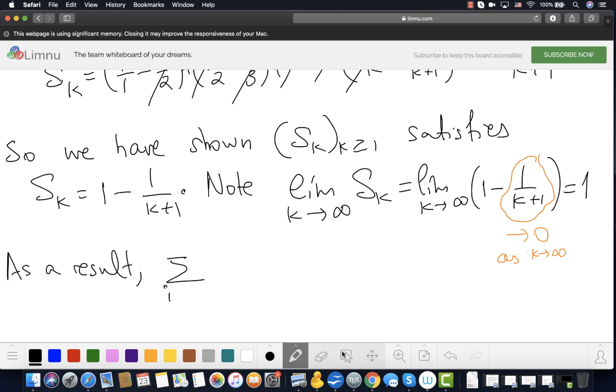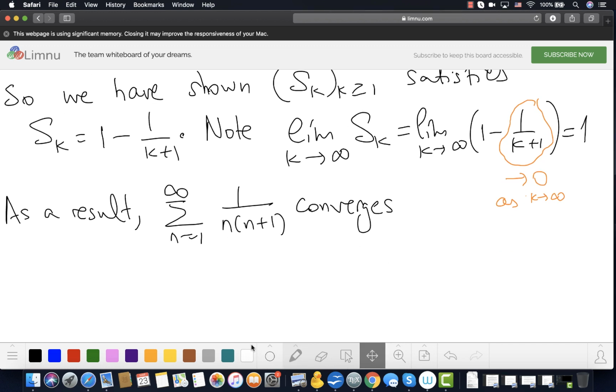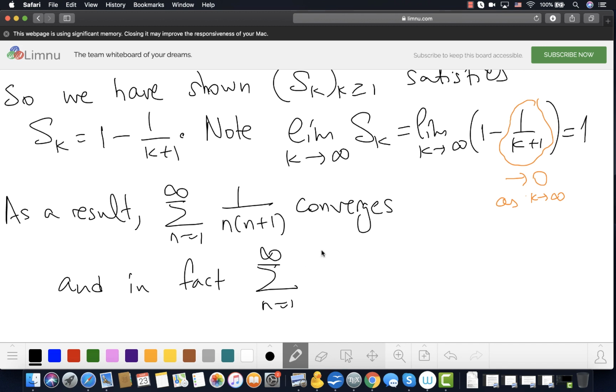So the original series we had in mind was the sum from n goes from 1 to infinity of 1 divided by n times n plus 1. This converges. And in fact, it converges to 1, because by definition, if the infinite series converges, it must converge to the limit of the sk's as k goes to infinity, because that's the definition of an infinite series.